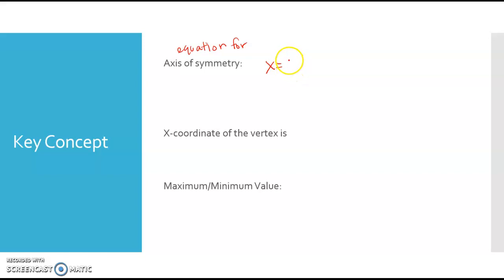You can write it one of two ways: x equals -1/2 times b over a, or write that as negative b over 2a. I call it opposite b because whatever my b is, I'm going to make it the opposite. If my b is negative, I'm making it positive. If my b is positive, I'm making it negative. So opposite b over 2a. I just write it as x equals negative b over 2a.